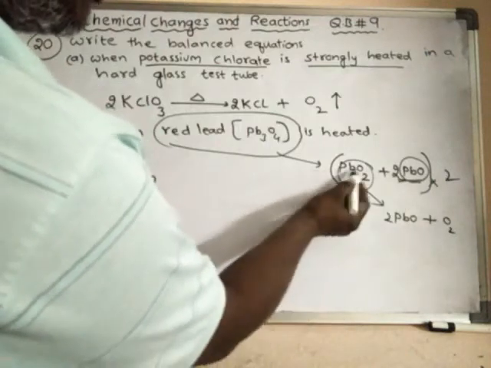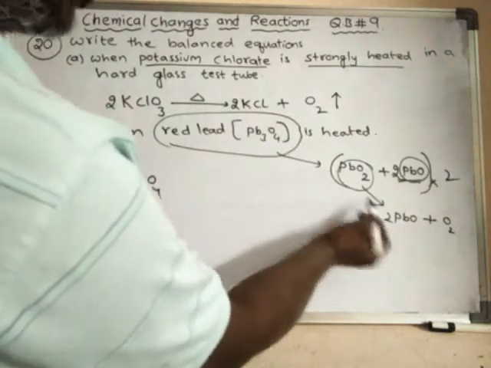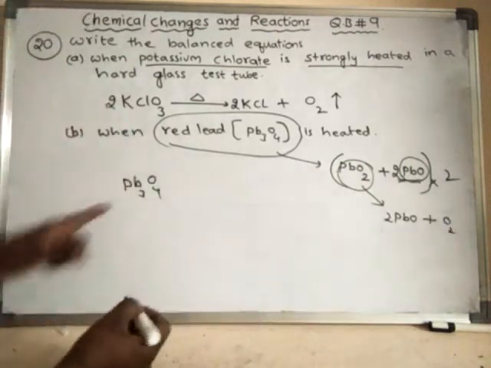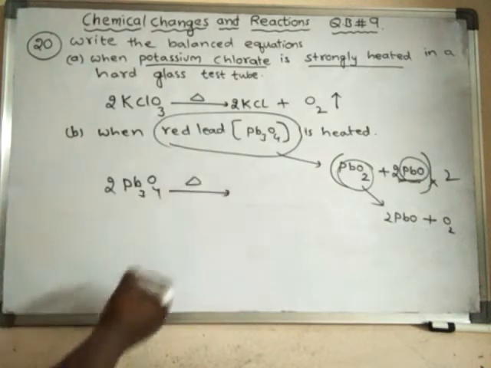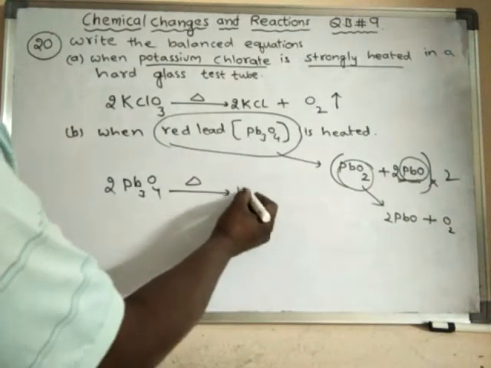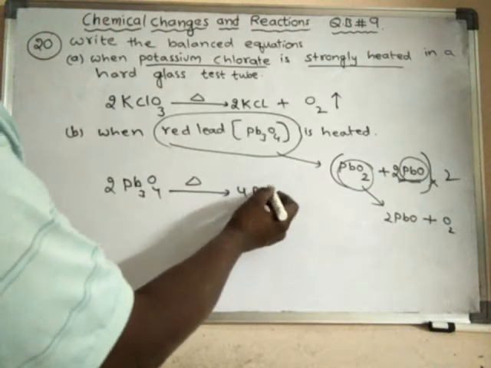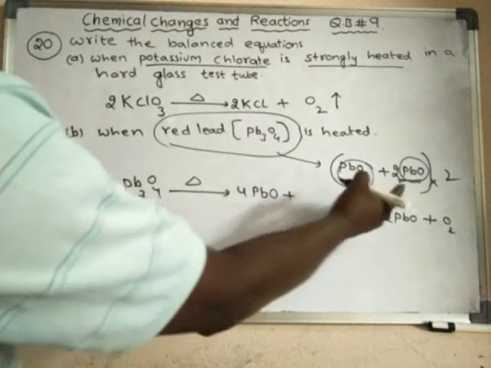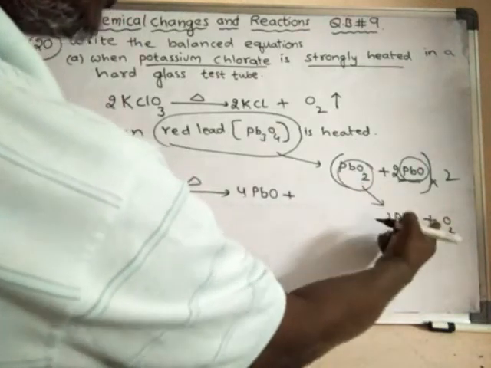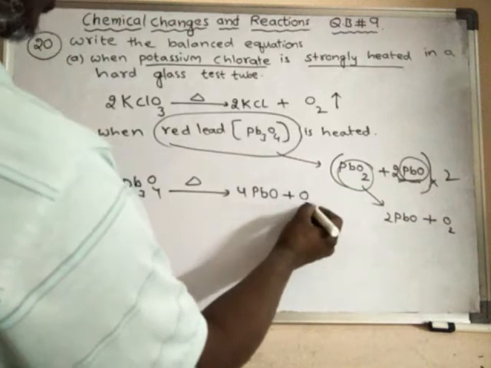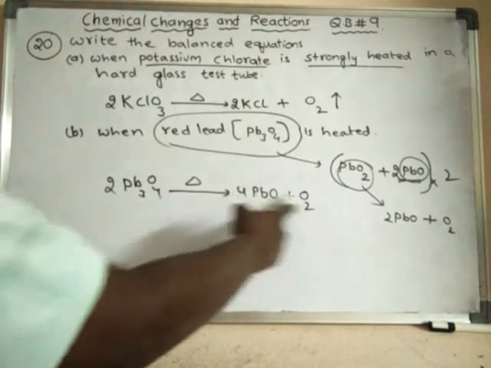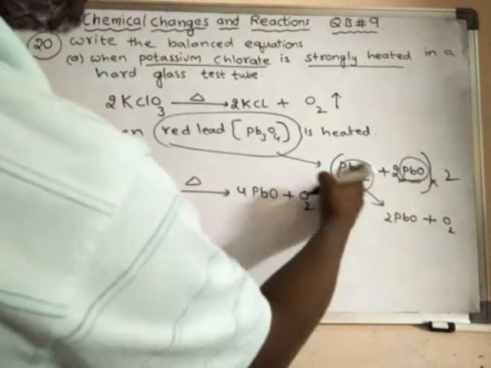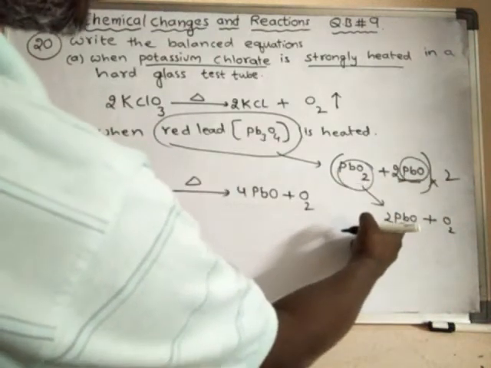So 2 PbO2, upon heating, forms 4 PbO plus one O2. Already for every one of these there is 2 PbO.